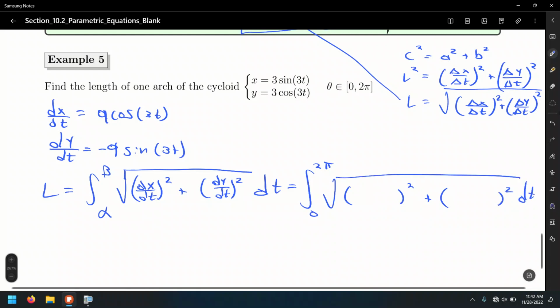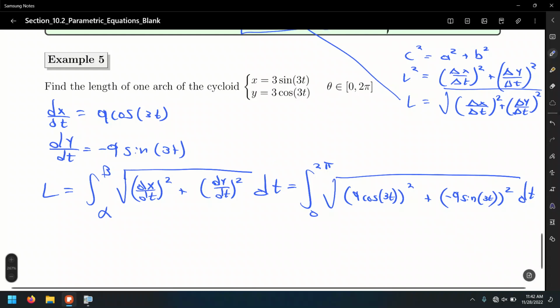And those quantities are the derivatives: 9 cosine 3t quantity squared, negative 9 sine 3t quantity squared.